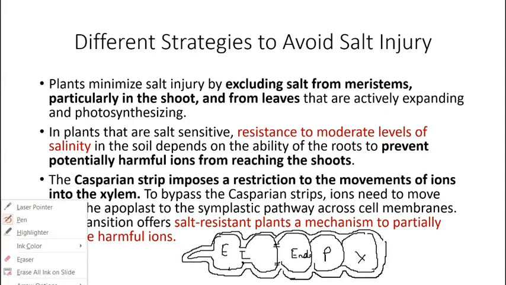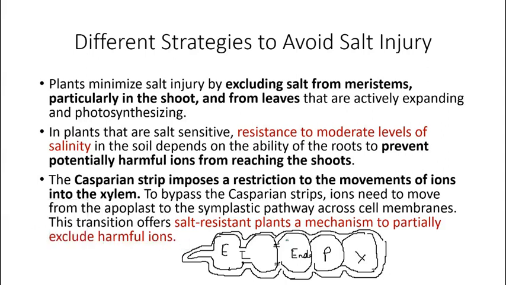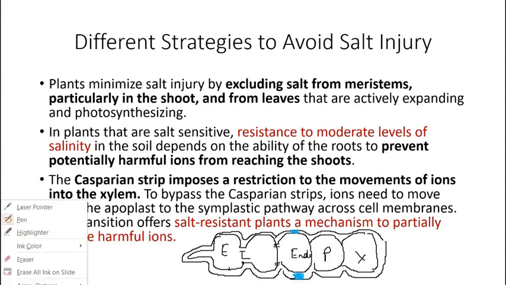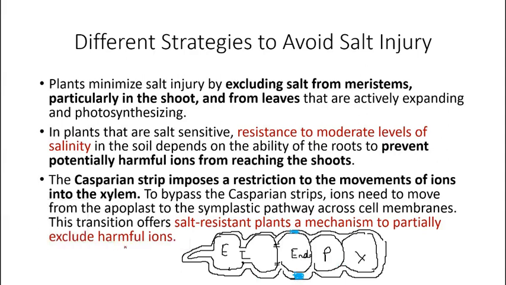Now, in the apoplastic region of the endodermis, there is the presence of a strip known as the Casparian strip, and this strip is water impermeable. Now, water is transported both apoplastically as well as symplastically.